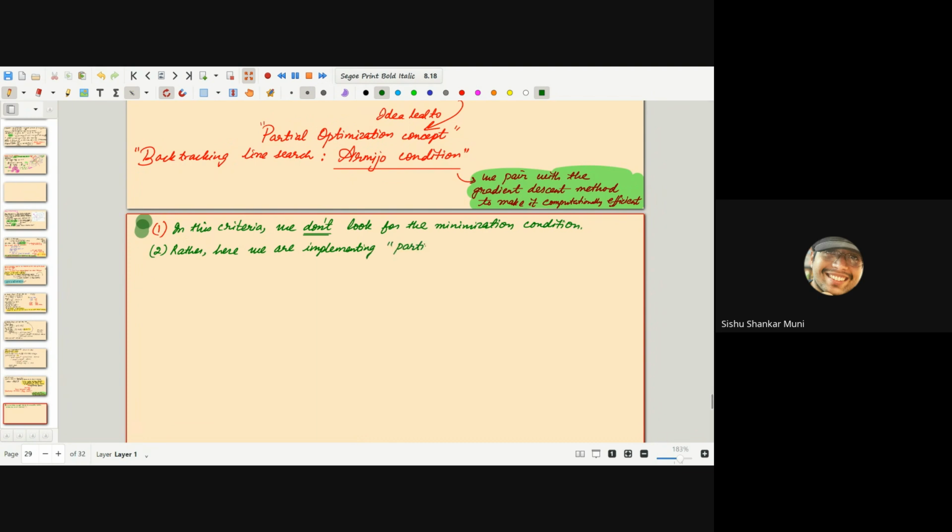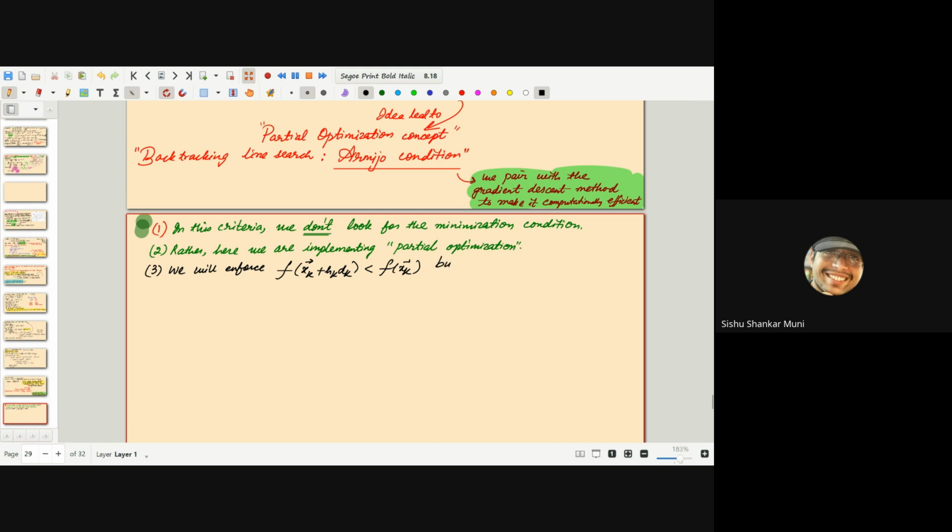partial optimization. Now what do we mean by partial optimization? In this condition we also enforce that f of xk plus hk dk, a vector, is less than f of xk vector, as you pointed out.